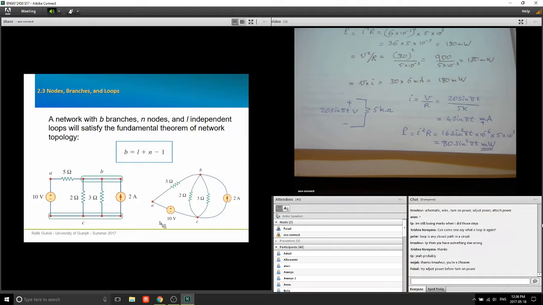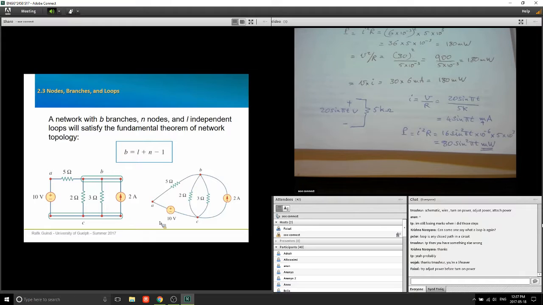How many nodes do you have? Yes, exactly. You have 3 nodes. You have nodes A, B, and C. A is a simple node, just the node between those 2 elements.